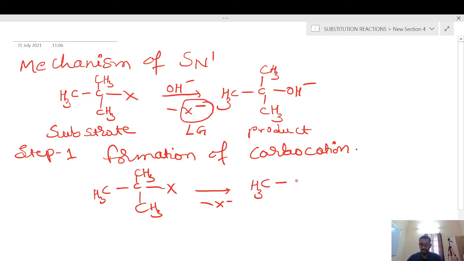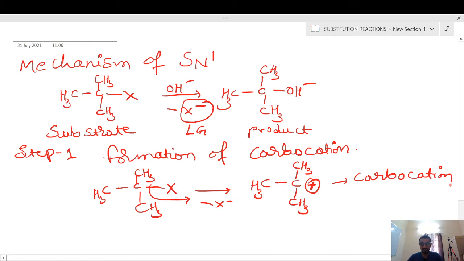X represents some halogen atom here: chlorine, fluorine, bromine, iodine are halogen atoms. This way, the leaving group leaves along with the shared pair of electrons, and the carbon here is deficient of electrons, and now this is called carbocation. Now it needs electrons. This is step 1.